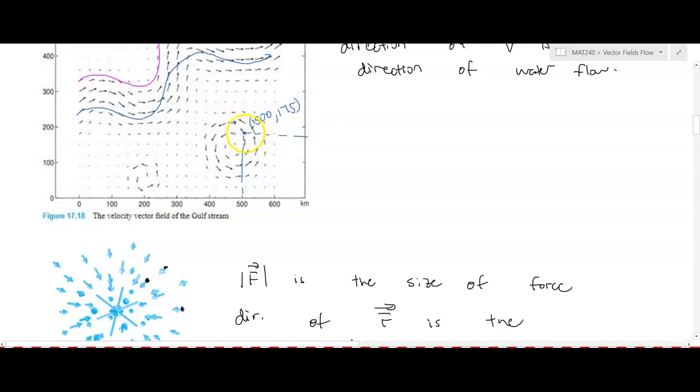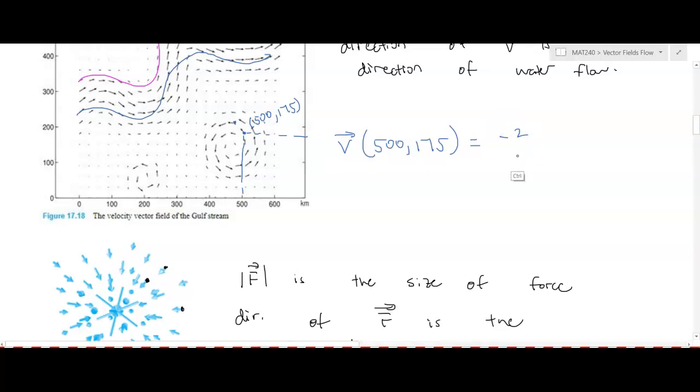That's the position. And then the output, if I put that in to, in this case, my velocity at the point 500, 175, I would get a vector that points to the left and up. And I don't know exactly what that's going to be, but let's say it's about something like negative 1, 2, excuse me.